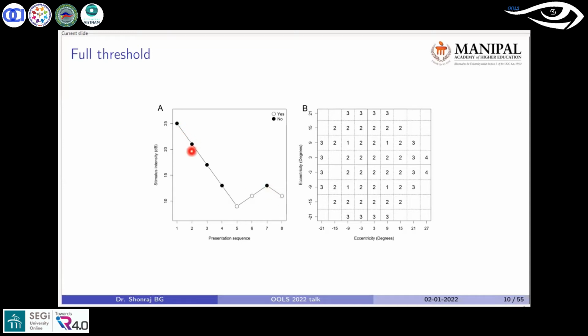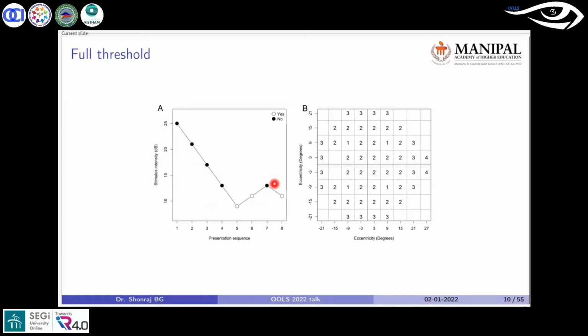So as you can see, the initial step size is 4. Once you have one reversal, the step size becomes 2, and then after another reversal it stays 2. So the full threshold is sometimes called the 4-2-2 strategy. It uses the 4-2-2 step sizes to find your threshold value.